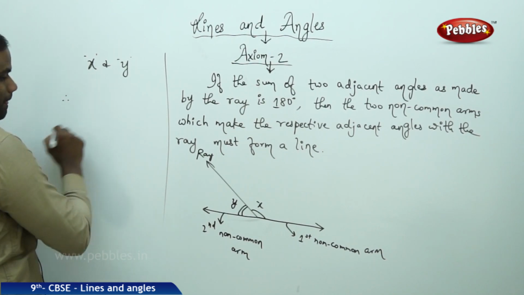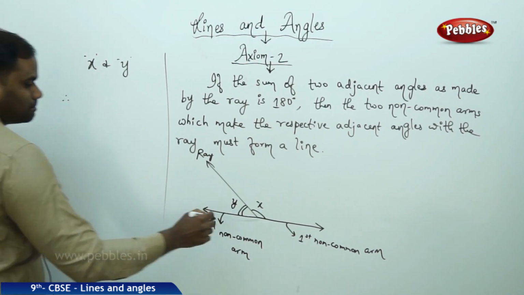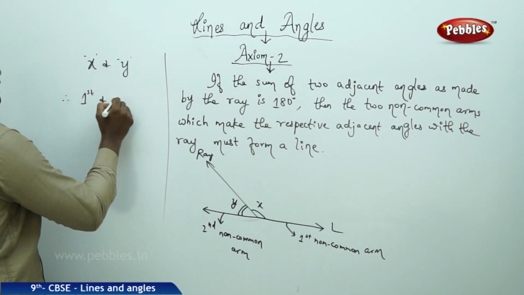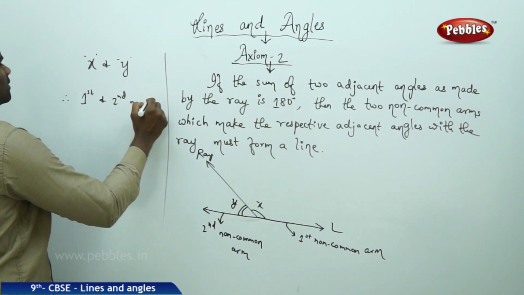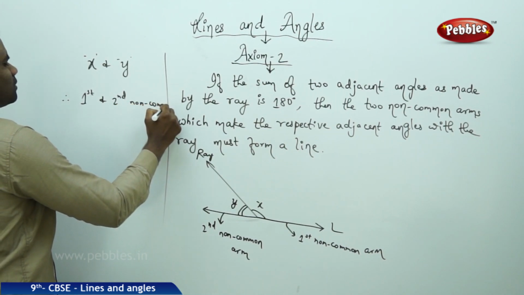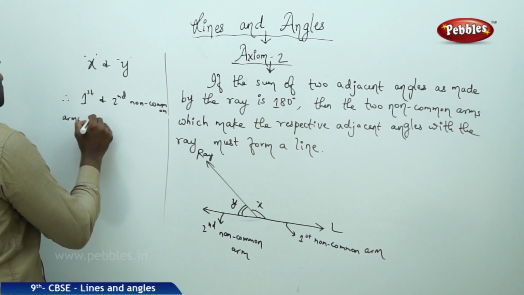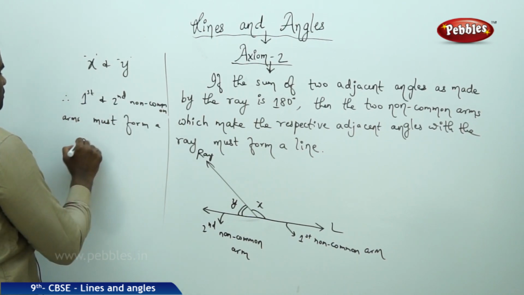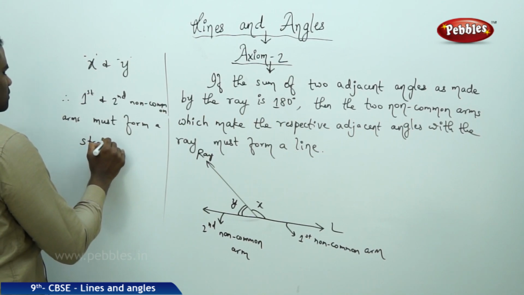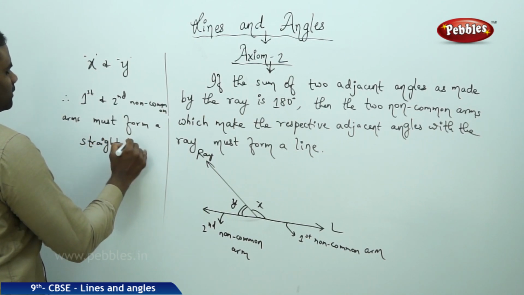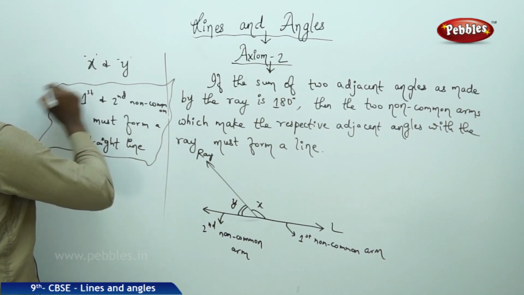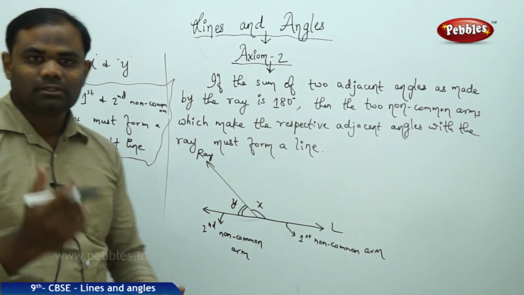Therefore, the first and second non-common arms must form a straight line according to axiom number 2.